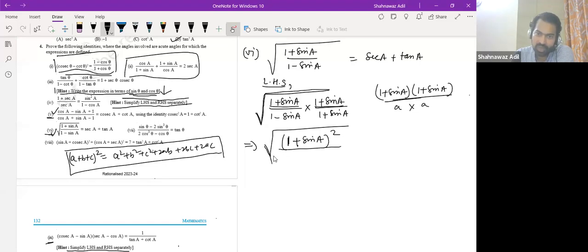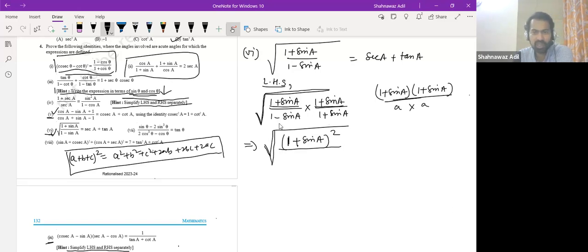So you remember we have this root. Everything we need in a square, so we have to get rid of this root somehow. So this is 1 plus sine A whole square, which has a pair, so we can get rid of the root.